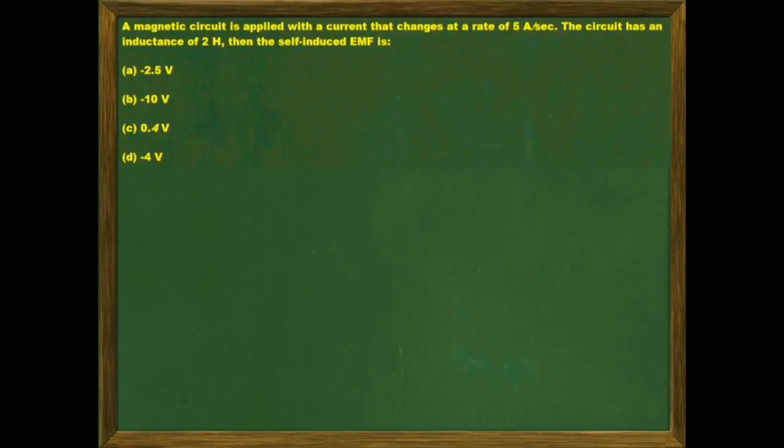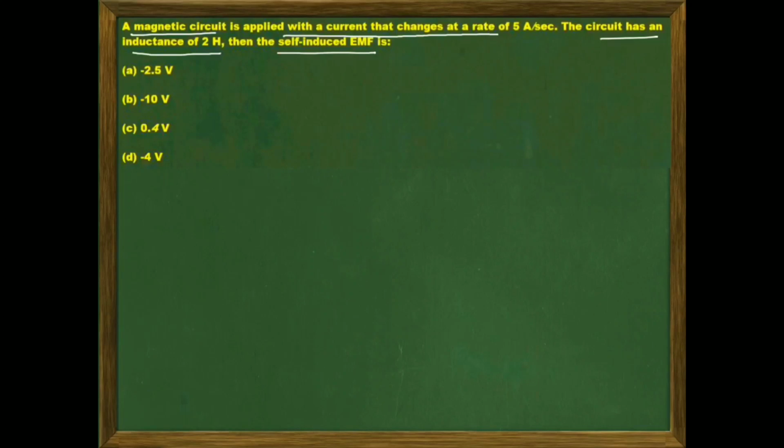In this question there is a magnetic circuit and it is applied with a current that changes at a rate of 5 ampere per second, and the inductance of this circuit is given as 2 Henry. Now we have to find out the self-induced EMF.